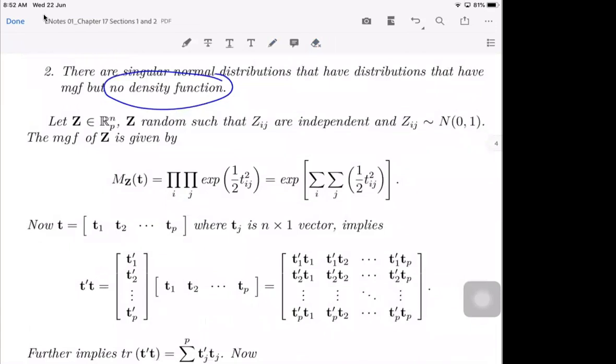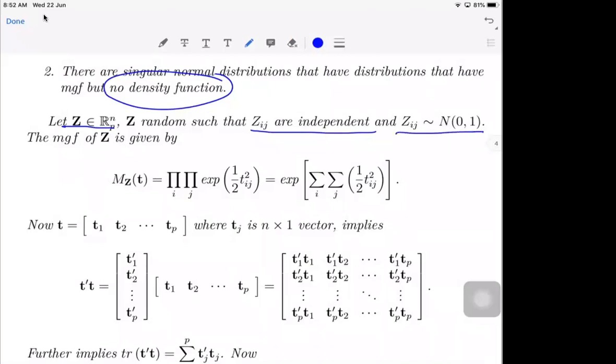So we start with a random matrix Z such that each Zij is independent and standard normal.